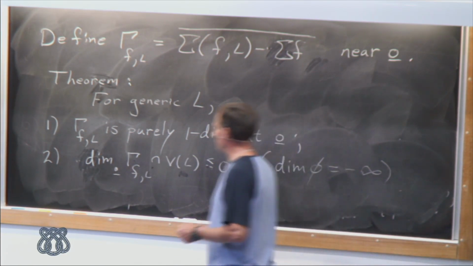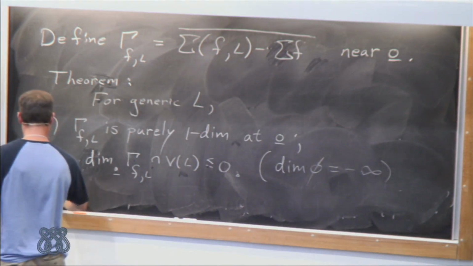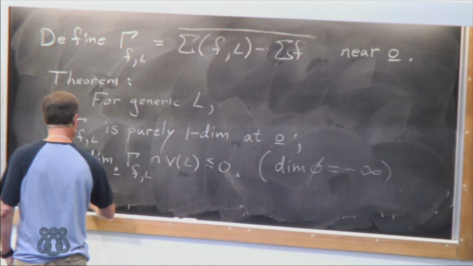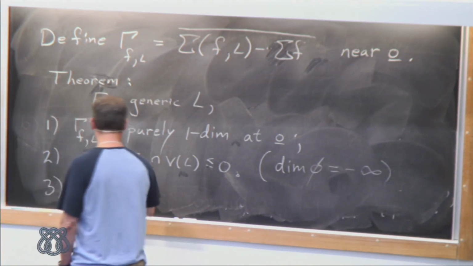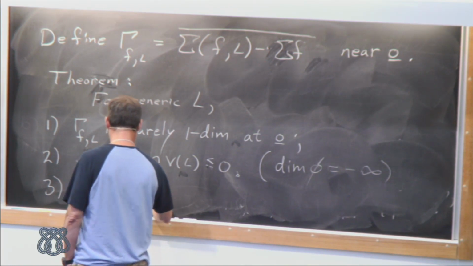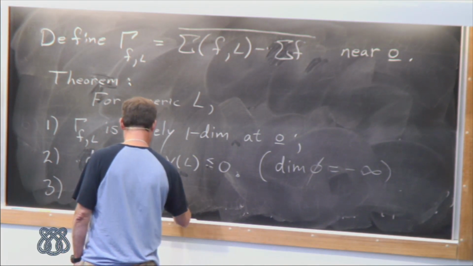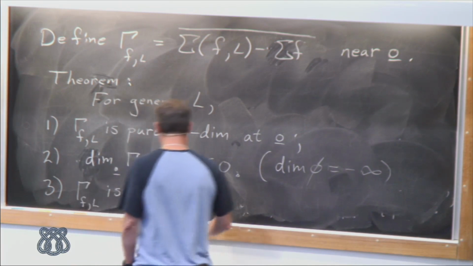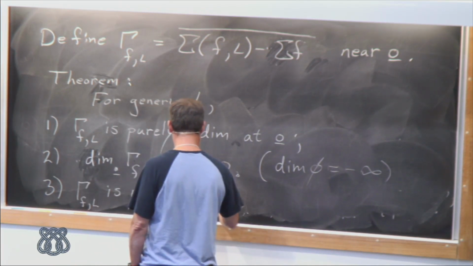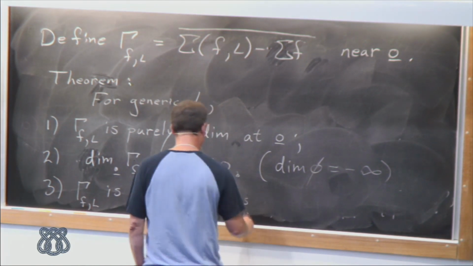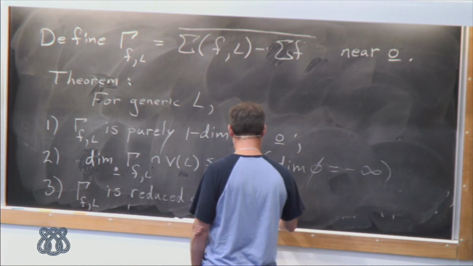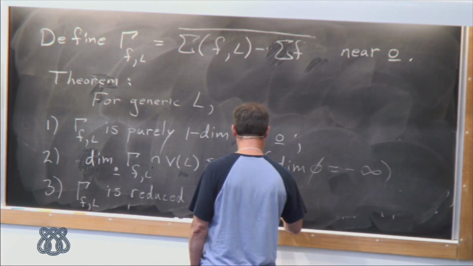And then there is a 3: gamma FL is reduced as a scheme, is reduced at points other than the origin itself.